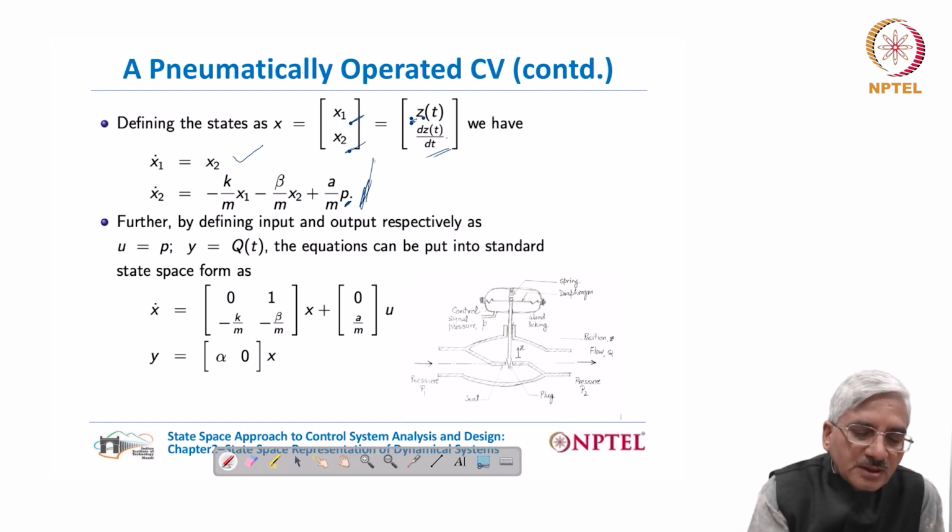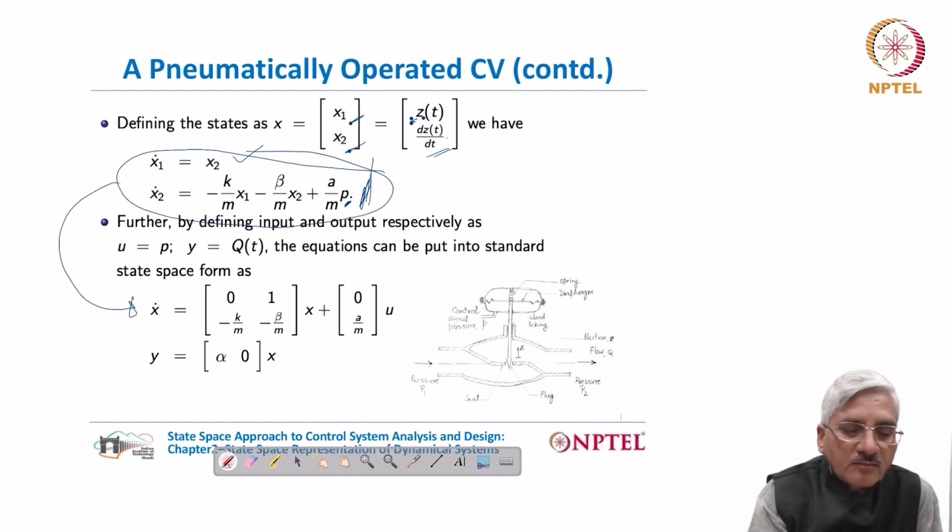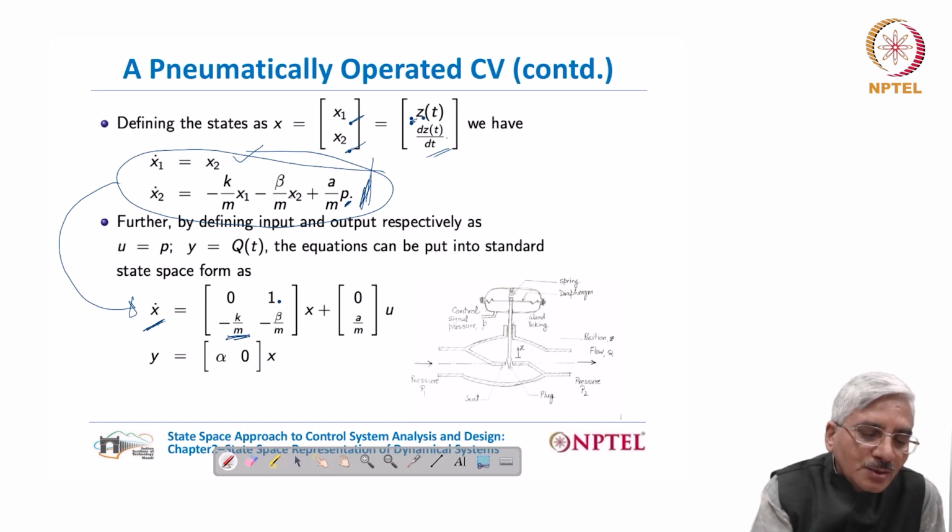So we got these two equations and they are written in the matrix form like this. So we have x1 dot, x2 dot. So this is the state vector x and its derivative x dot equal to: x1 dot is x2, meaning 0 into x1 plus 1 into x2, and there is no input term, so 0 into u. x2 dot is minus k by m x1, so it is here minus k by m into x1, and minus beta by m into x2, so minus beta by m comes here, and this a by m into p comes here.